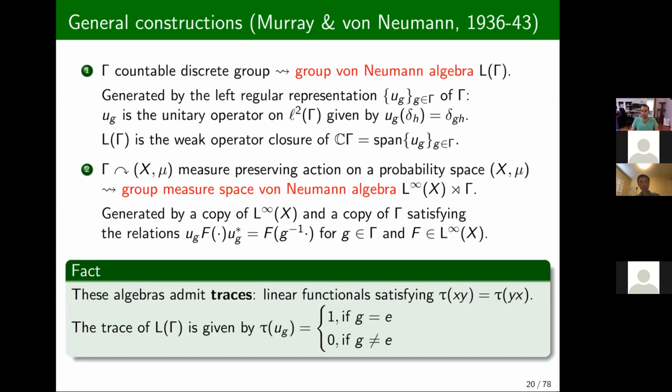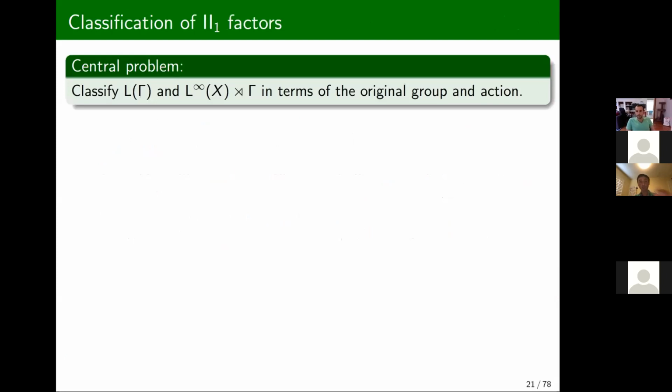So having these two general constructions, there's a natural question that you can ask, and this is really a central problem on II_1 factors, that is to try to classify L of gamma and L infinity of X cross gamma in terms of the original group and action. So you'd like to understand, well, how does L of gamma depend on gamma? If you're given, say, a collection of groups, can you tell their group von Neumann algebras apart?